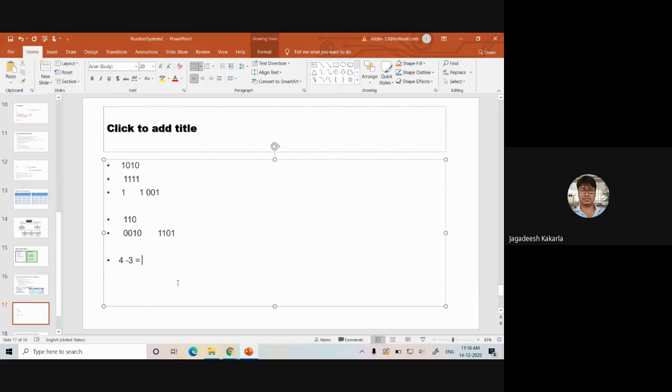Now you try to do 3 minus 4. Those who have completed, do the 3 minus 4.